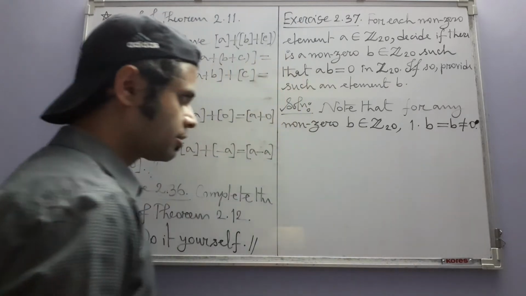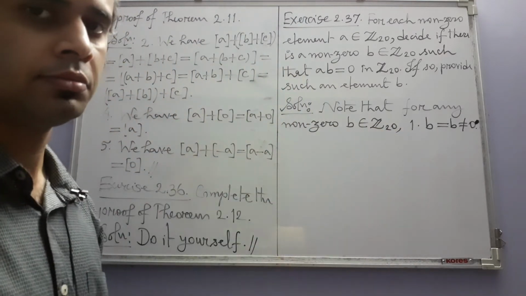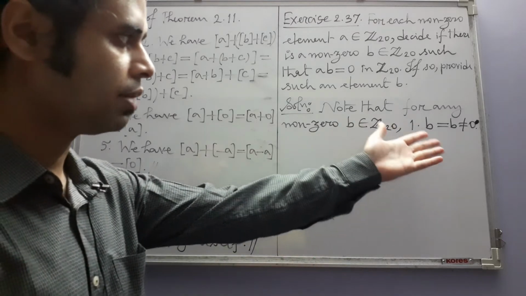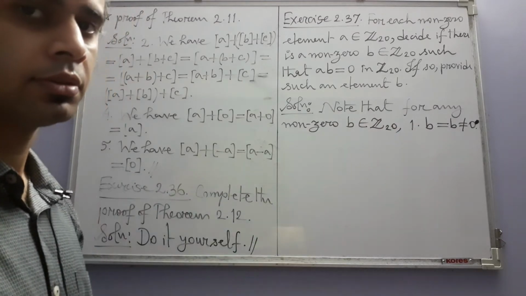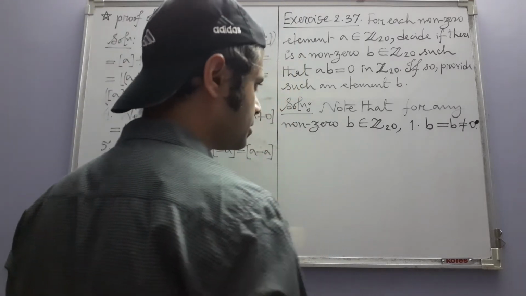That means for the element 1 in C20 there is no such B that will make this product 0. There is no such non-zero B. So this is one thing.